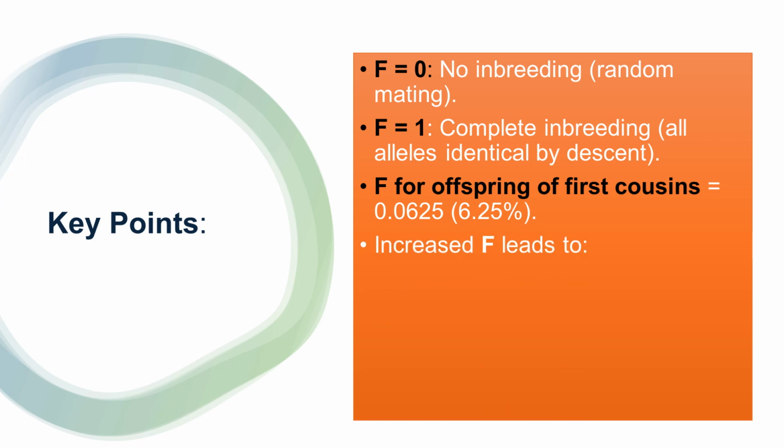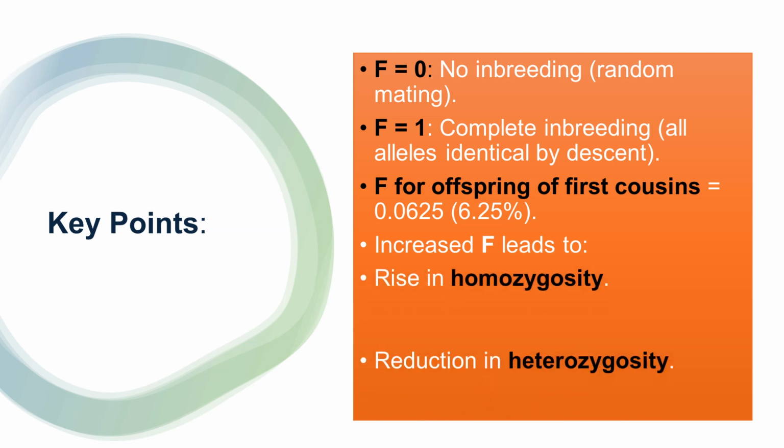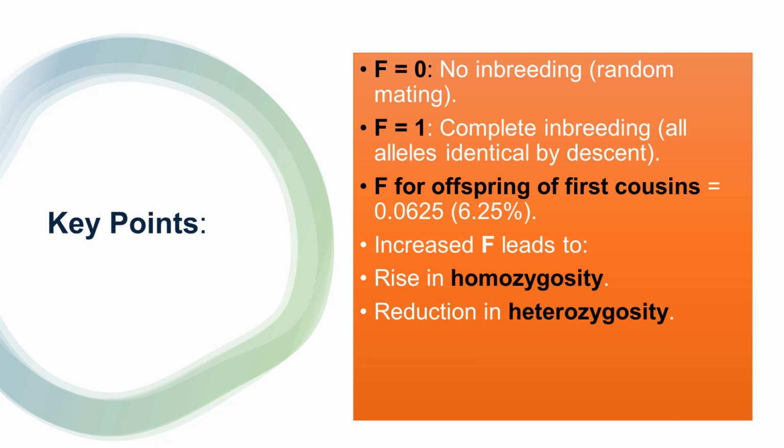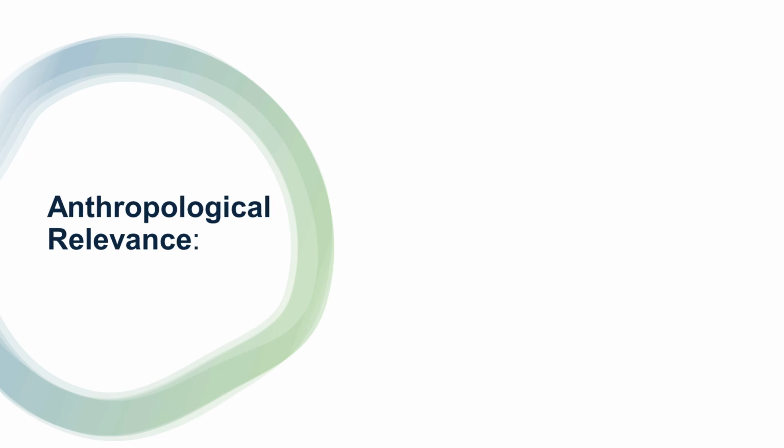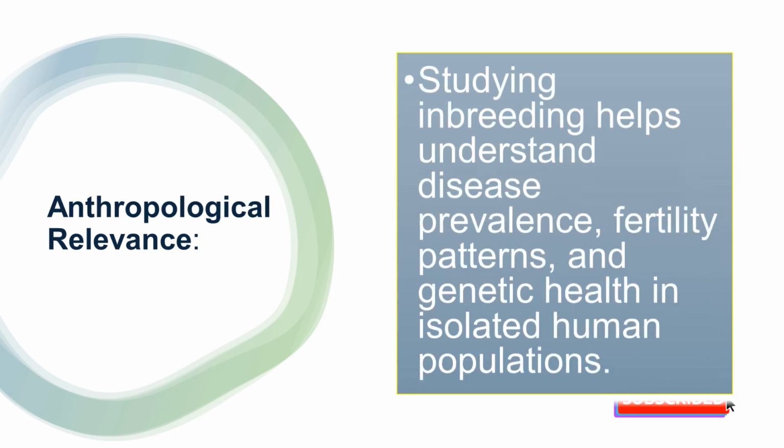Increased F leads to a rise in homozygosity, reduction in heterozygosity, and higher probability of recessive disorders. Anthropological relevance. Studying inbreeding helps understand disease prevalence, fertility patterns, and genetic health in isolated human populations.